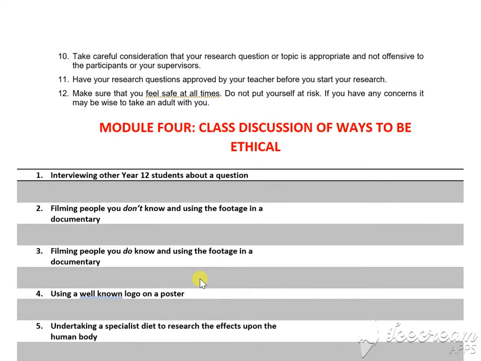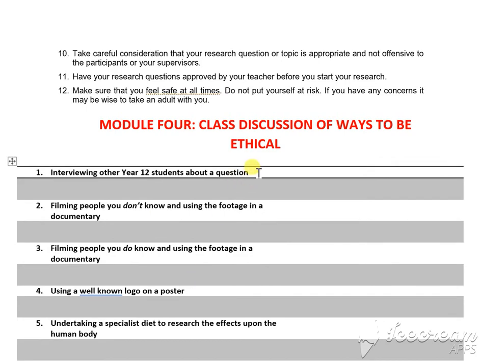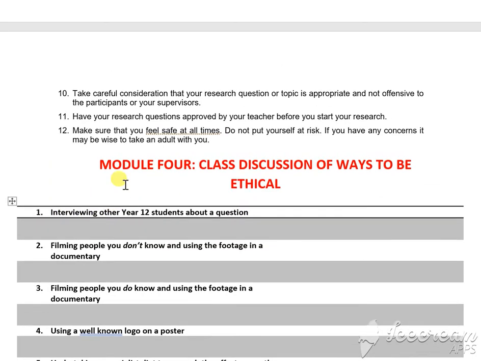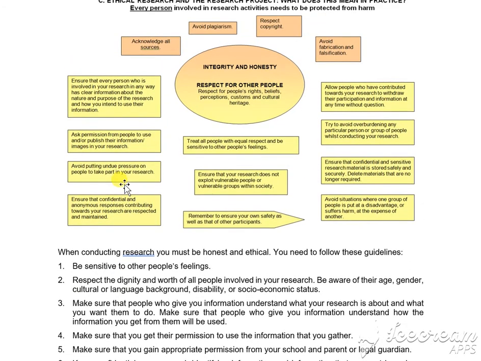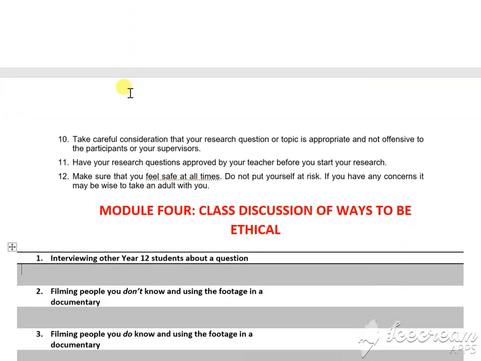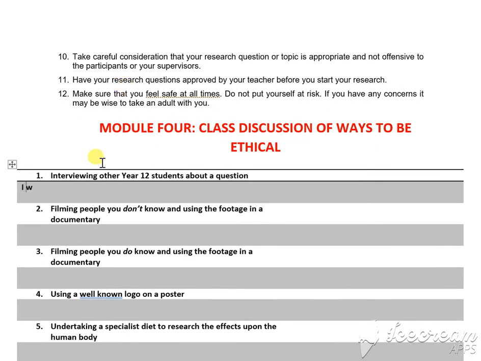So as an example, let's say I did the interviewing the year 12s about a question. So I go up to my table and I have a look at the descriptors and I have to say, all right, which ones are going to be relevant when I'm interviewing? So definitely up here, ensure every person who's involved has clear information about the nature and the purpose of the research. So when I'm interviewing them, I would explain what my research is about so they know the purpose of the interview.